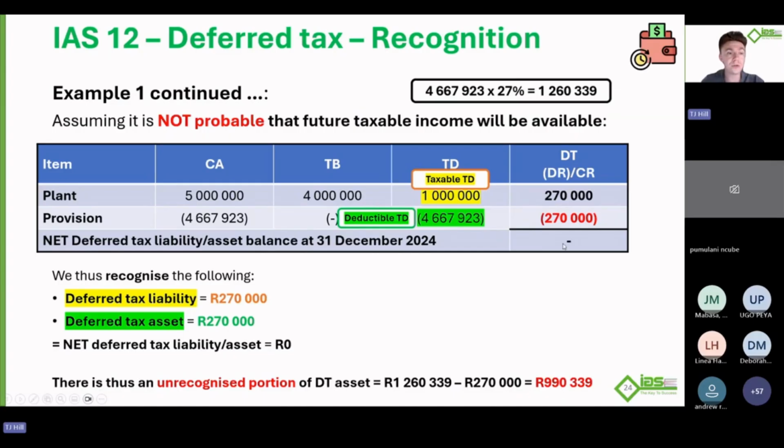I will now pass a journal for nothing. I'll debit income tax expense with 0, and I'll credit deferred tax liability with 0, because my balance must go to 0. So if my balance last year was something, I must bring it down. That's one option. If I didn't have a balance last year and I don't have a balance this year, then it is 0.